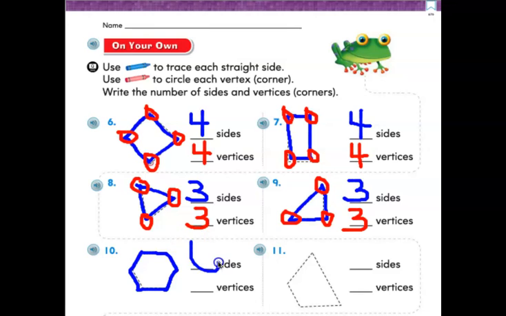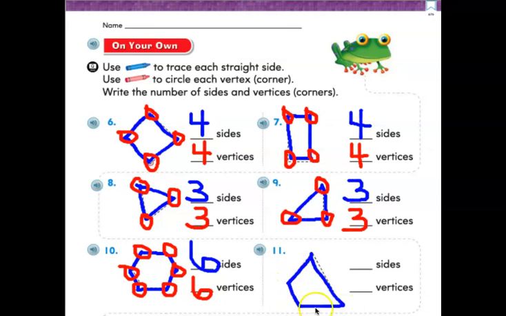So it has 6 sides and how many vertices? If you notice, there's a pattern. They all so far have the same amount of corners or vertices. So we have 6 sides and 6 vertices or corners. Okay? And this is our trapezoid. Get my blue crayon back. And I'm going to trace it.